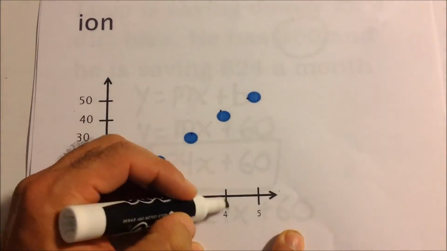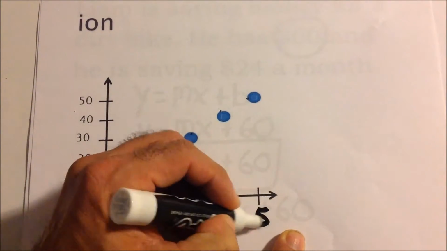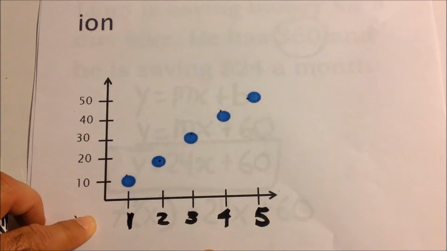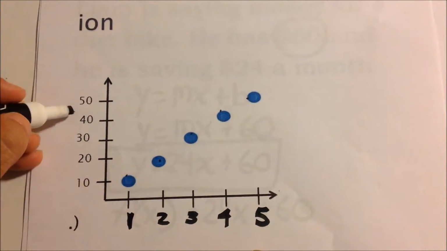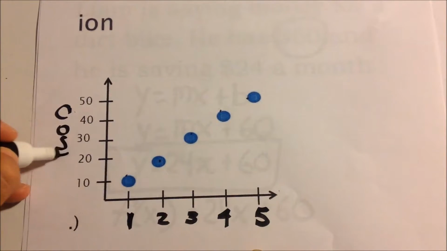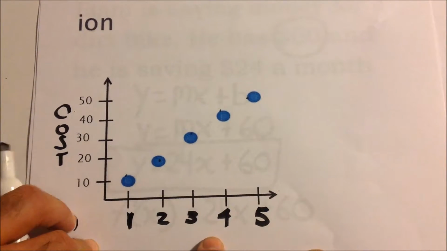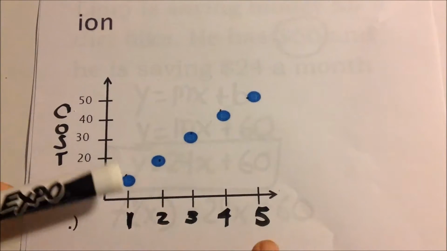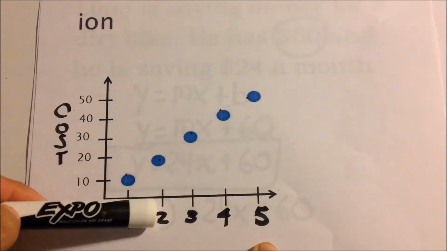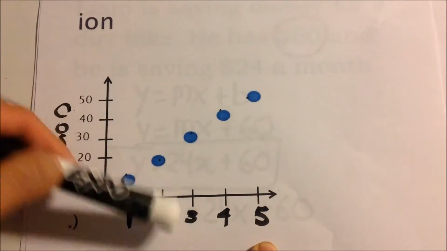So this has to be something that can't be broken, like people or tickets. Let's say one ticket costs $10. So here we have the cost is the y, and the ticket. You're buying one ticket. You're not going to go over to the ticket booth and say, I'll have 1.5 tickets. It just doesn't work that way. So one ticket is $10. 2 tickets is $20. This is discrete.